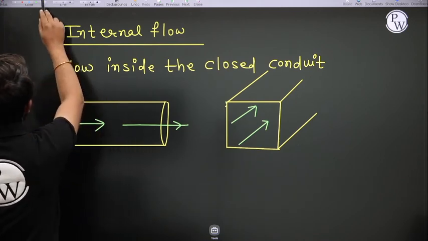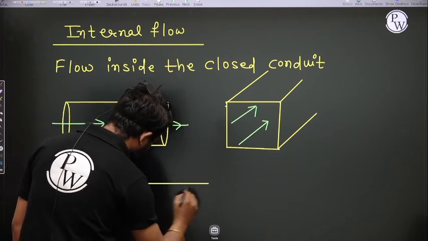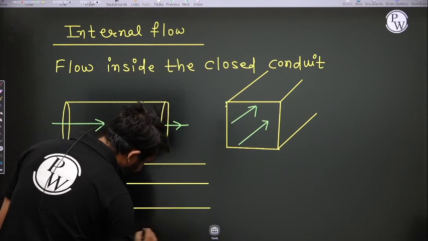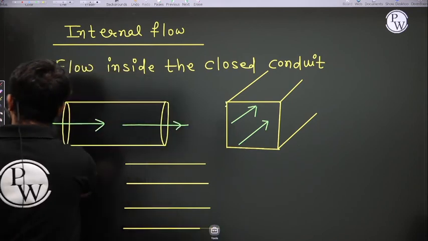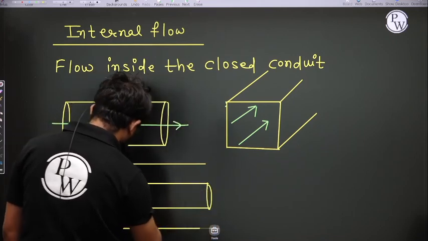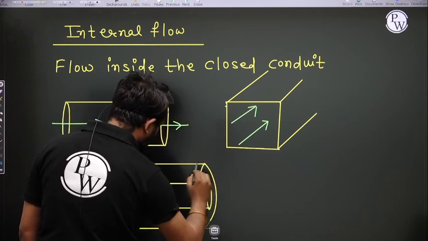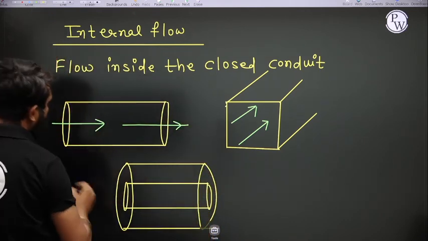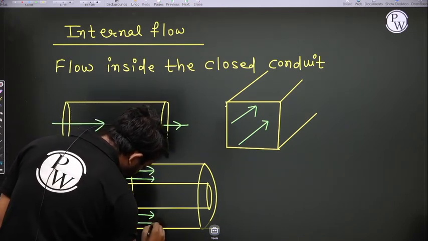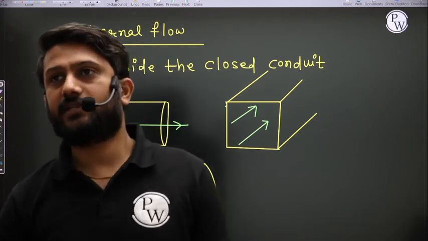Or see here, now if flow occurs in this annular space, this is also internal flow. So these are some examples of internal flow.